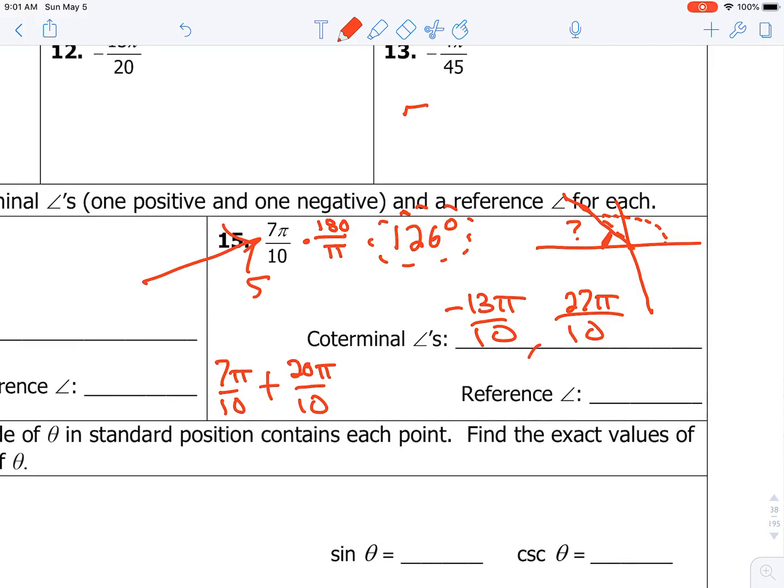So 54 degrees times pi over 180 is 54 pi over 180. I didn't write my pi, 54 pi over 180. And then when I simplify that down, that's going to give me 3 pi over 10.